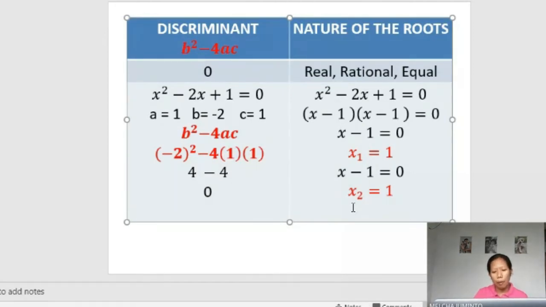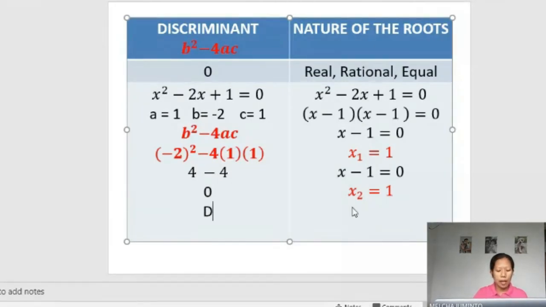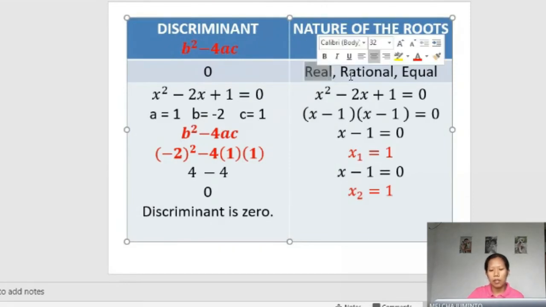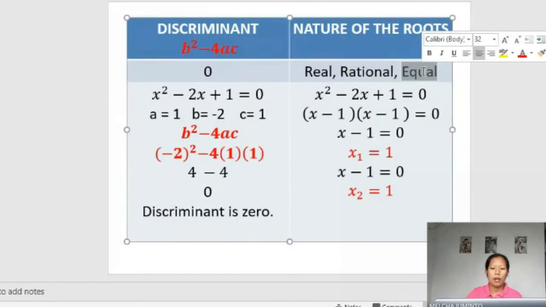So in this example, discriminant here is 0. Now, if the discriminant is 0, the nature of the roots will be real, rational, equal. Okay, so we are looking for 2 roots which are both real numbers, they are rational, and they are equal.